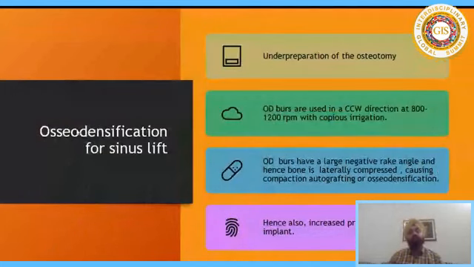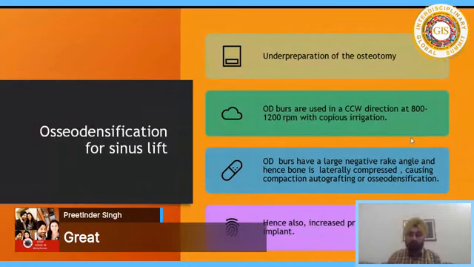Osteodensification can also be used for sinus lift. What do we do here? We underprepare the osteotomy always because the bone is D3 to D4. Osteodensification burrs are used in a counterclockwise direction with focused irrigation at 800 to 1200 rpm.